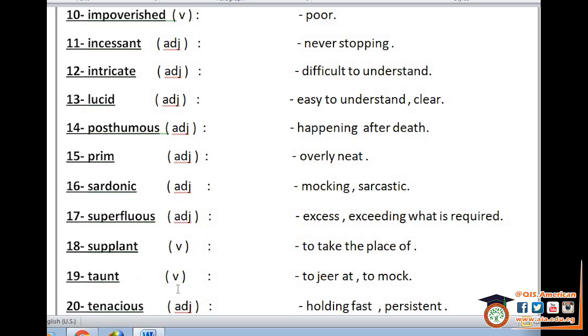Number 19, taunt, to jeer at or mock. When you taunt someone's way of talking, or way of action or mannerism, you are jeering at him, laughing at him. All right, this is taunt.